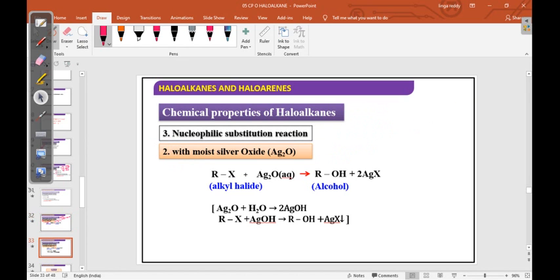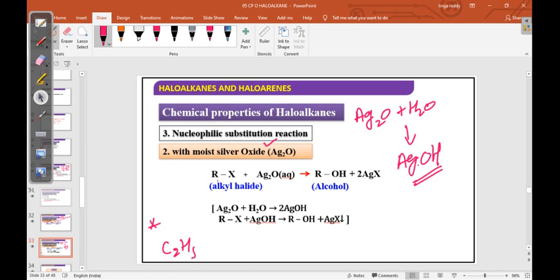Next, with moist silver oxide. With moist silver oxide, a side reaction is there, Ag2O. Moisture means water. It reacts with water forming silver hydroxide. This is the side reaction. So this RX is reacting with silver hydroxide. Very simple mechanism. I am taking one example, ethyl chloride and AgOH.